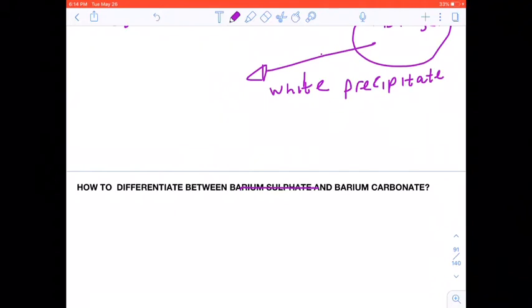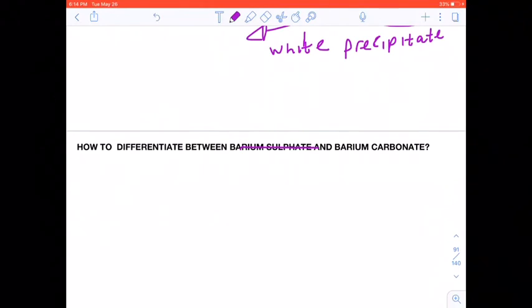So if we look at it, we have barium sulfate as our precipitate, and we have barium carbonate as a precipitate.